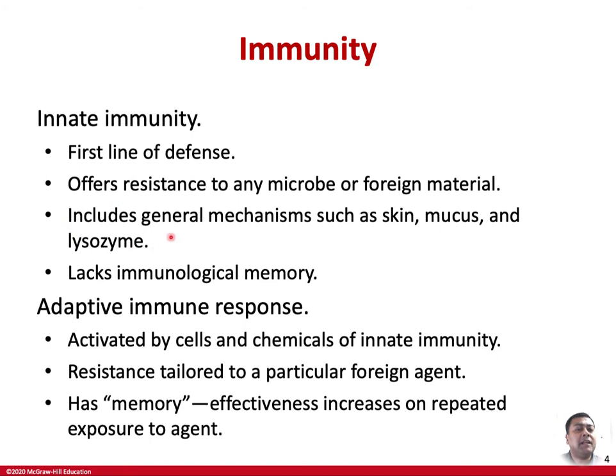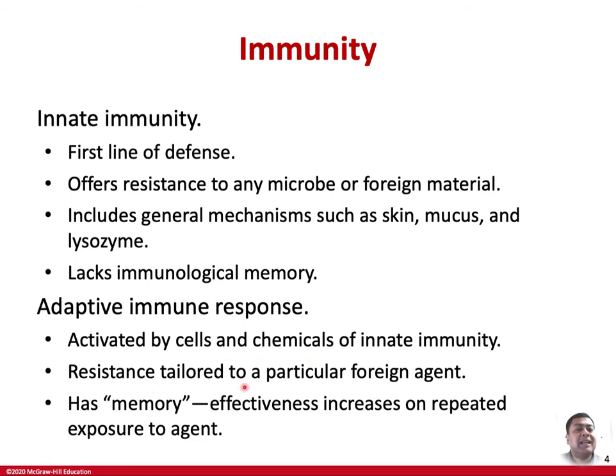Once the physical and chemical barriers are breached, there is a second line of defense, which is also inside the innate immunity. These are specific cells attracted by some of the chemicals released from the site of infection. These cells will process the event or the invasion of the pathogen, and they will release certain chemicals which will activate the adaptive immune response.